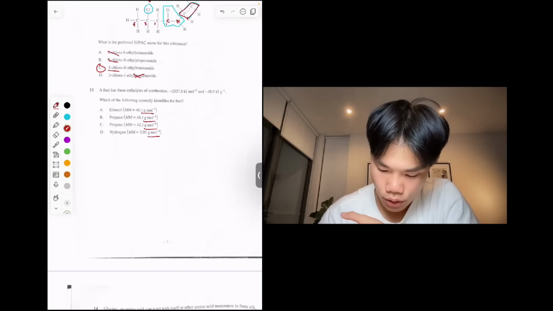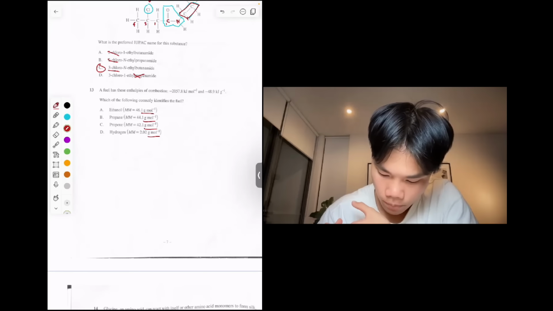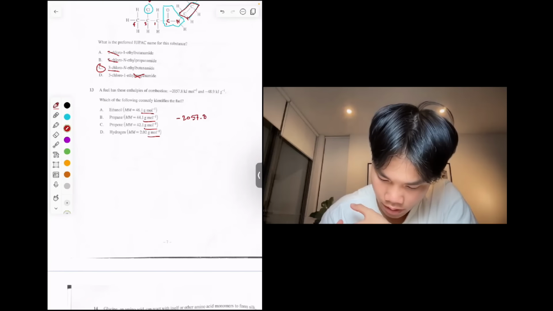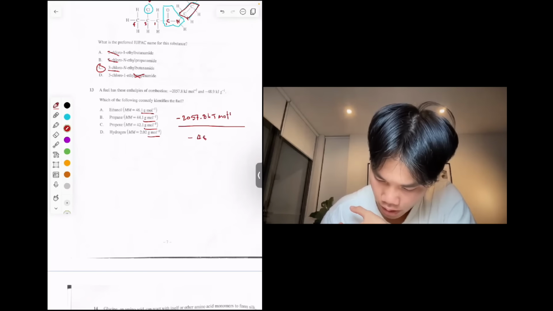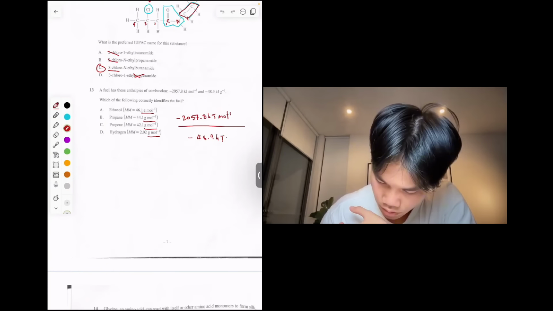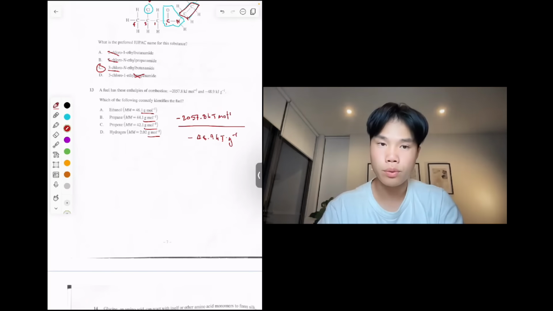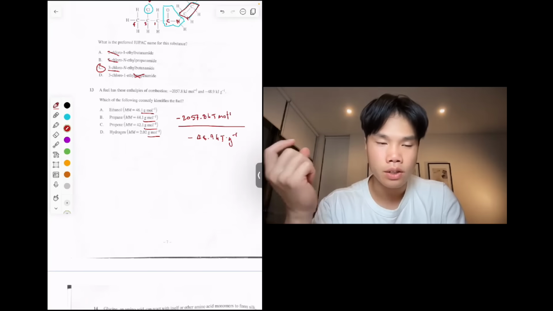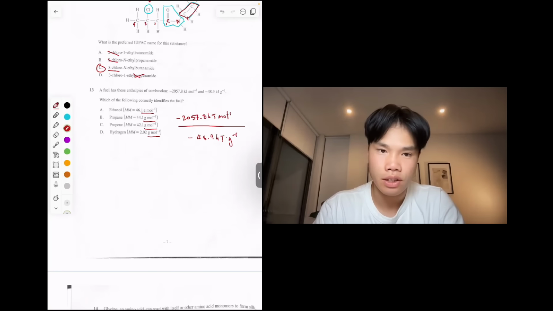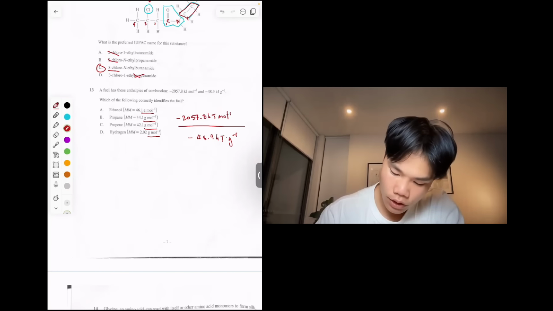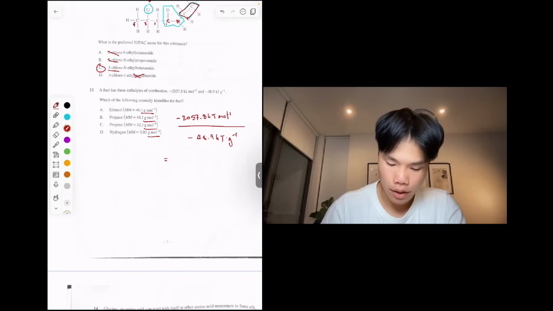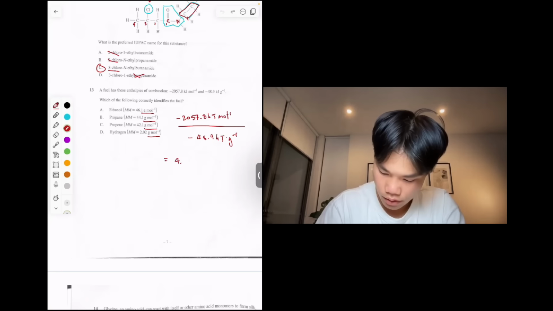So the clever thing you can do here is you can do negative 2057.8 kilojoules per mole, or I'll put it in terms of indices so it's a bit clearer, kilojoules mol^-1, divided by negative 48.9 kilojoules per gram, and once again I'll put in indices, kJ g^-1. Because when you put units into a division or multiplication, you treat them the same as essentially numerals.